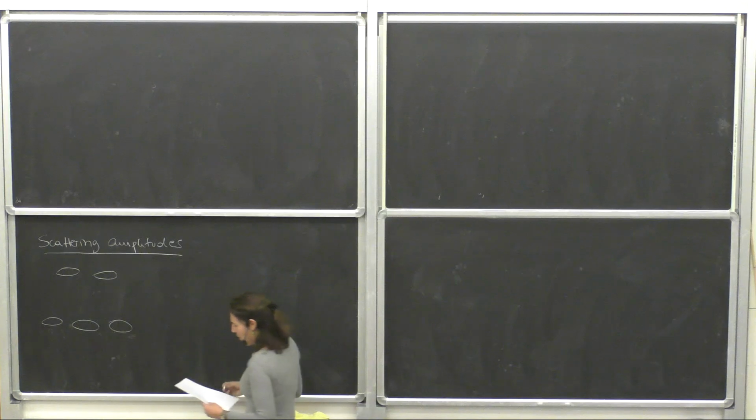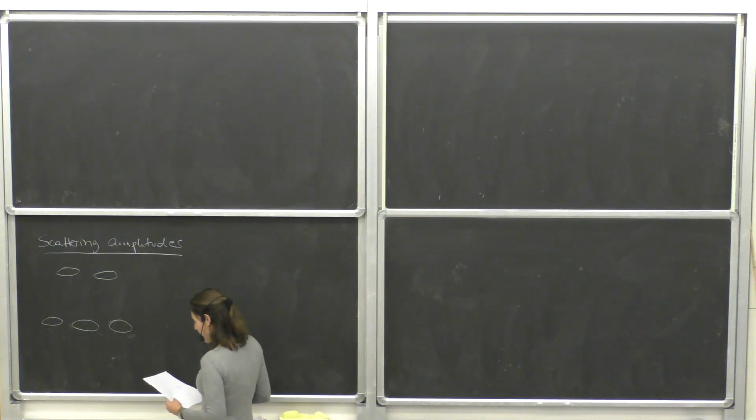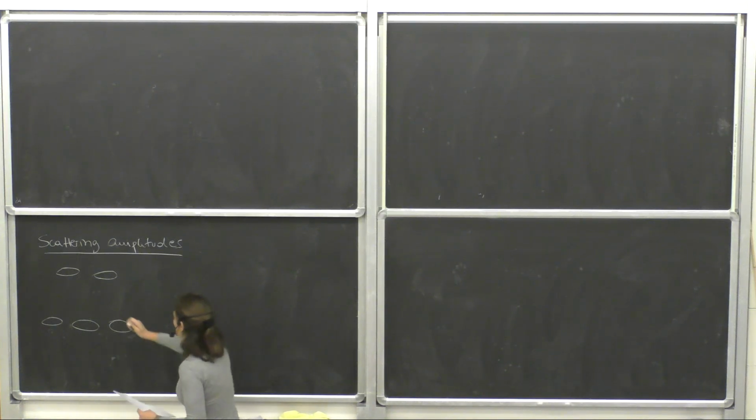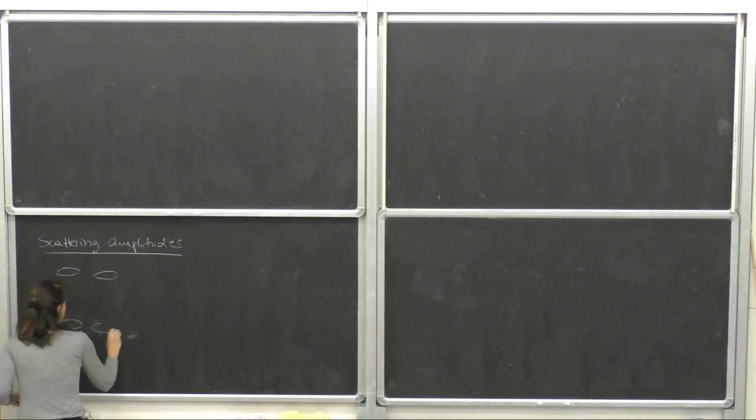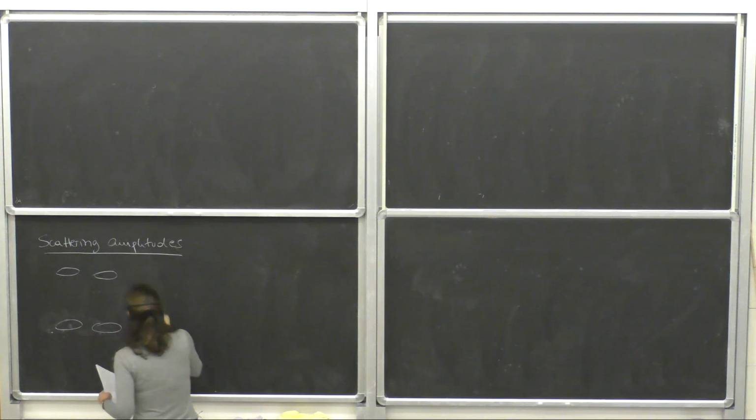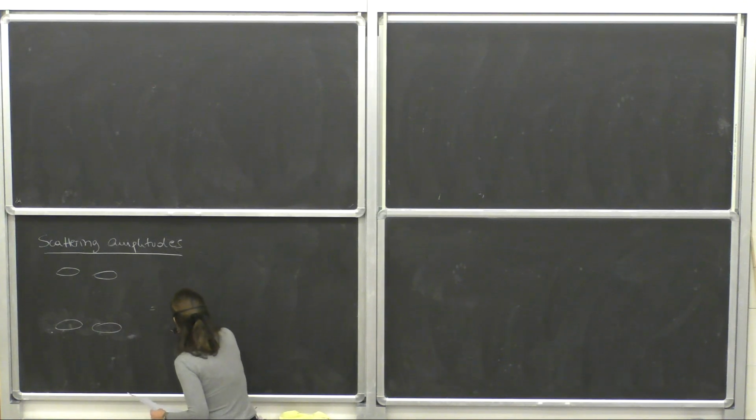But what I wanted to say, and let me do something simpler, let me do 2 going to 2. What can happen in this process?